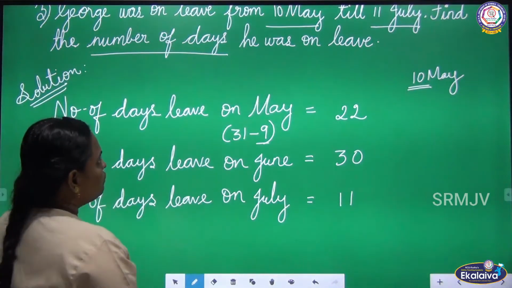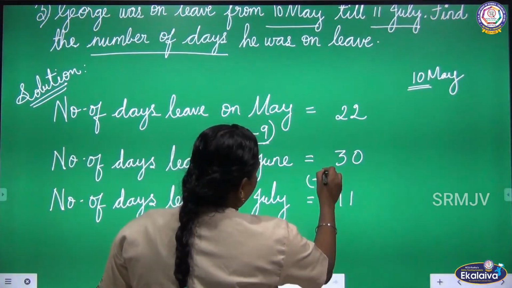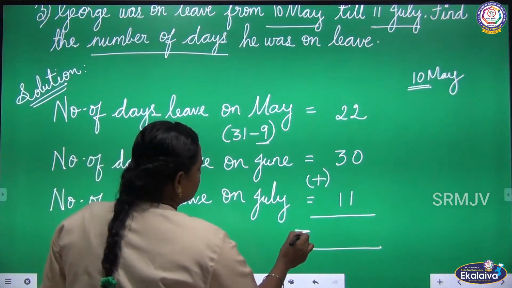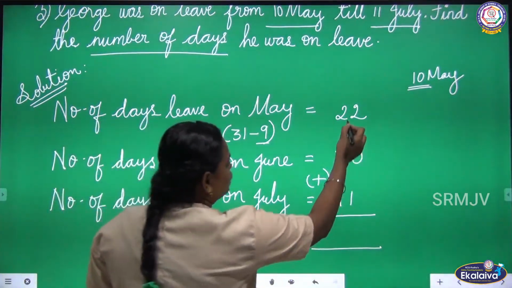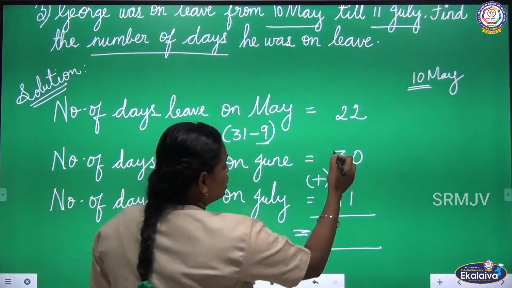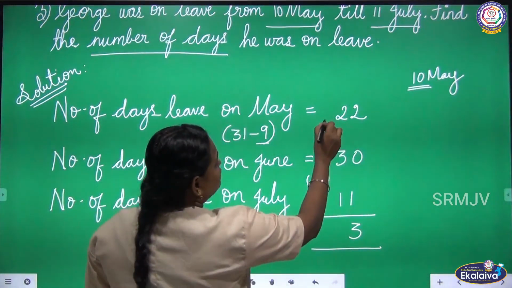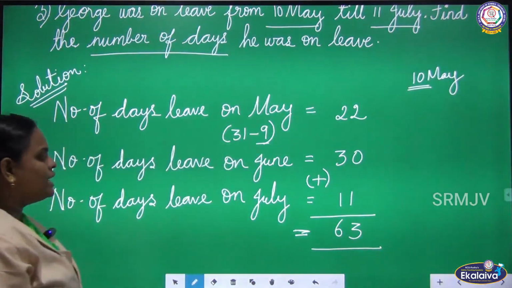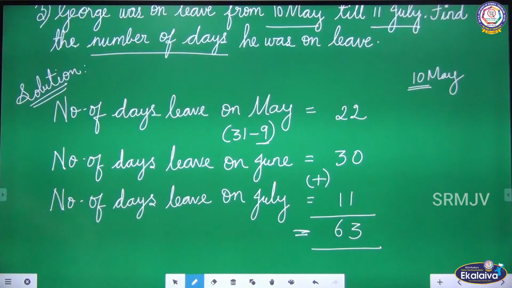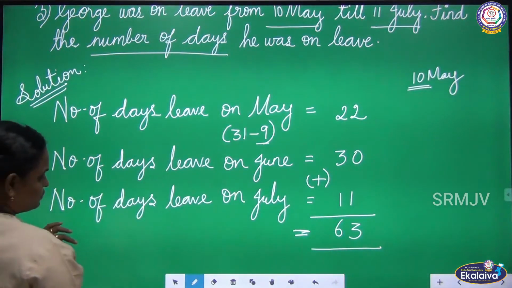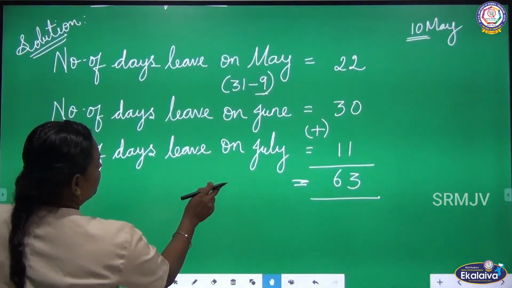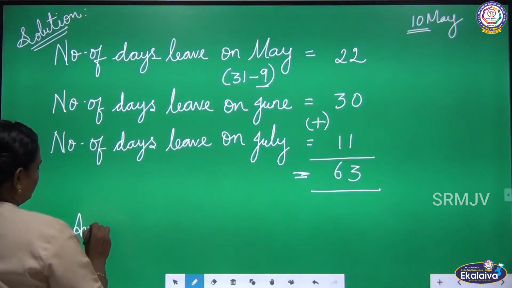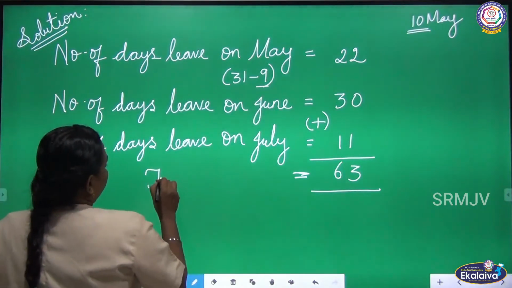Now if you add, then you will find out how many days he took leave. Add 2 plus 0 is 2, 2 plus 1 is 3, next 2 plus 3 is 5, 5 plus 1 is 6. So how many days did he take leave? 63 days. So you can write the answer: total number of days.